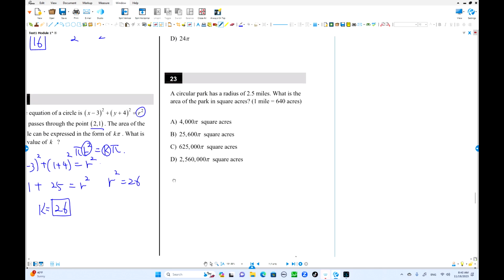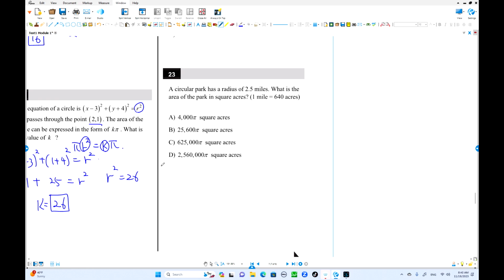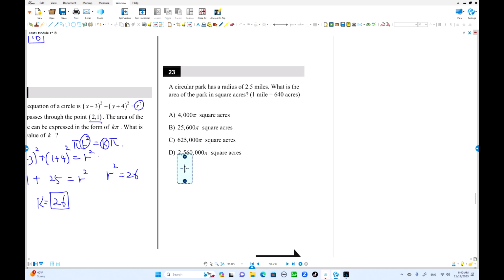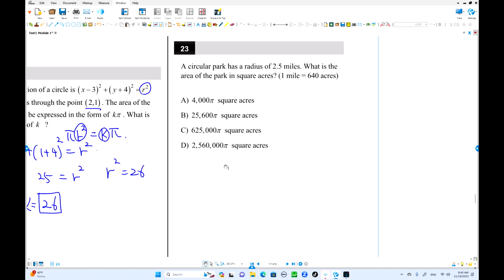Number 23. A circular park has a radius of 2.5. What is the area of the park in square acres? One mile is 640. 2.5 miles is what? 2.5 times 640 acres. Okay. So the next one is the new radius. What's the area? Pi r squared, right?